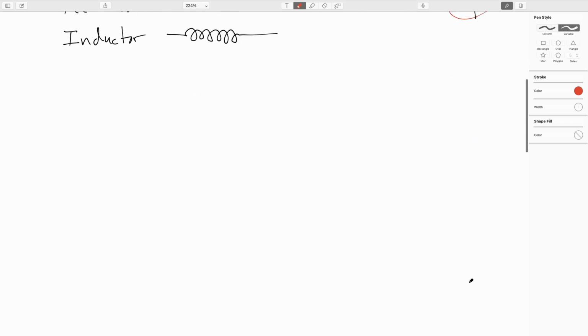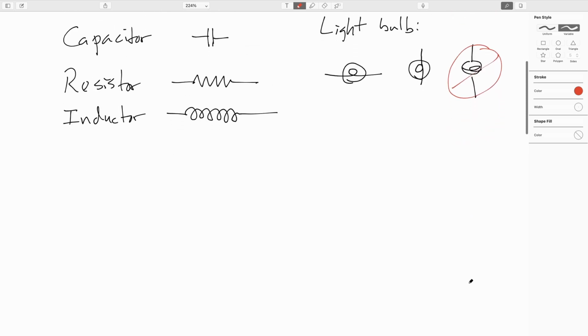Okay, switches. Let's do a switch. So the symbol for a switch looks like this.